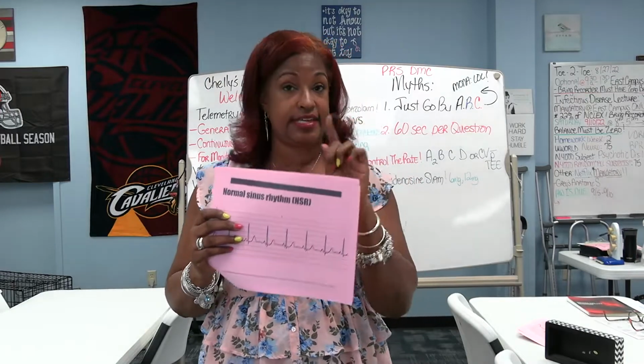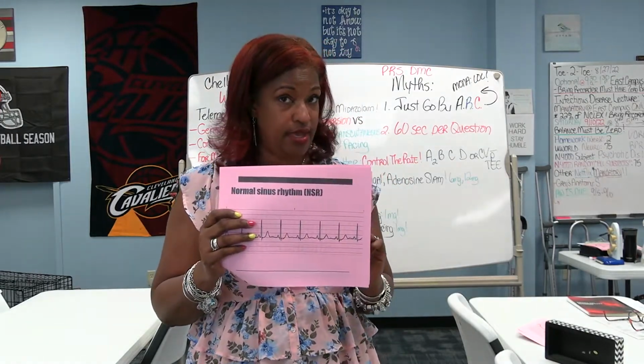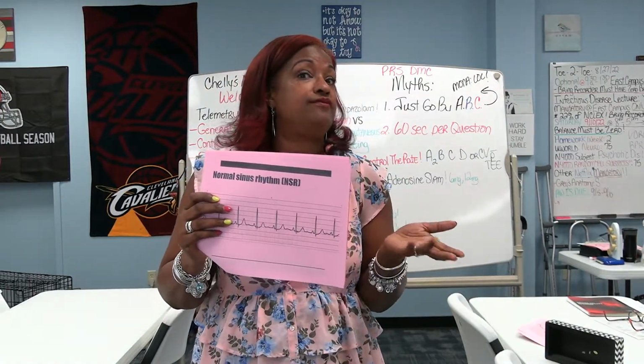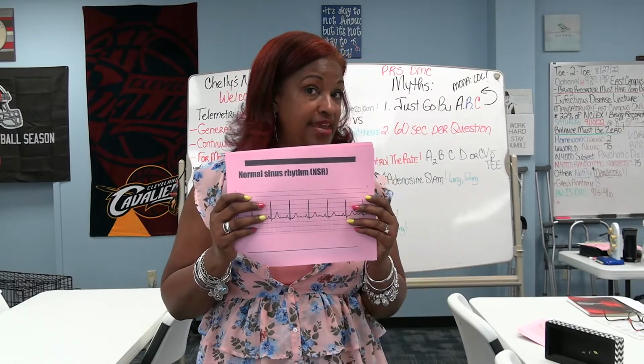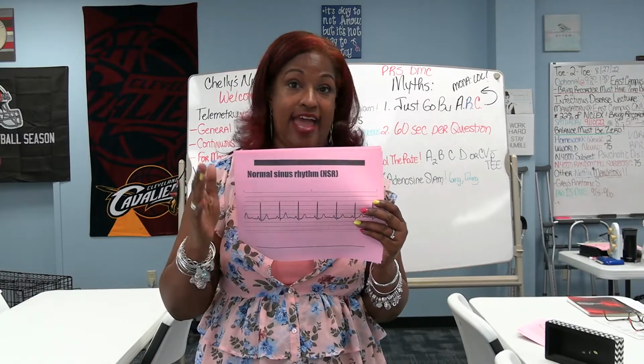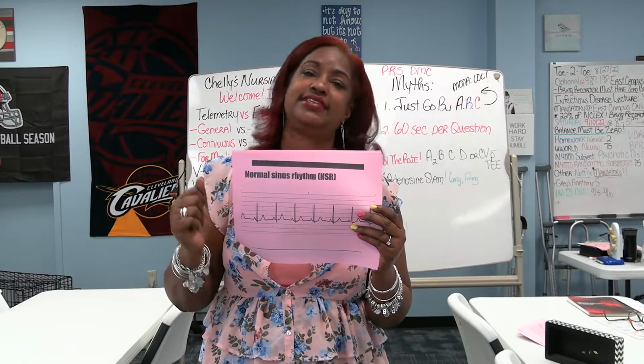Well, you know how this goes. This is based on a 6-second strip, right? How many of those does it take to make a minute? 10. 10 times 6 is 60 seconds.